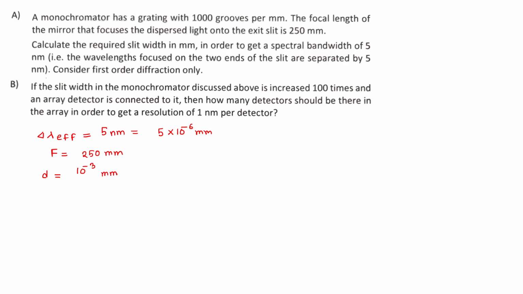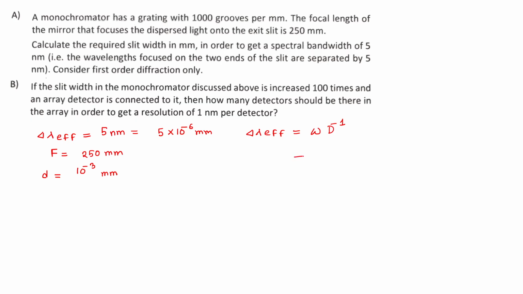To relate this, we have one equation: delta lambda effective is W, the slit width, into the reciprocal of the linear dispersion. And what do we know of linear dispersion from our previous discussion?